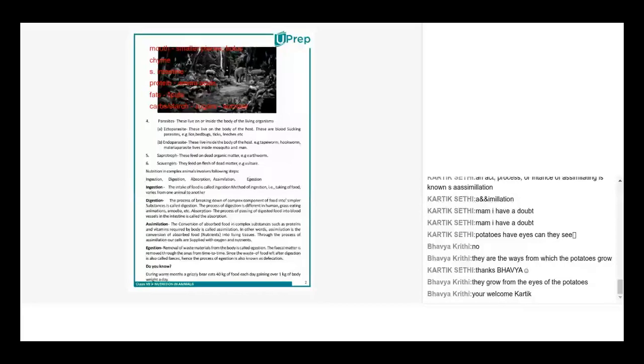Depending on the amount of roughage that we eat and the amount of water that we drink, it is egested out. Correct? So this was the entire process of ingestion, digestion, assimilation and egestion.